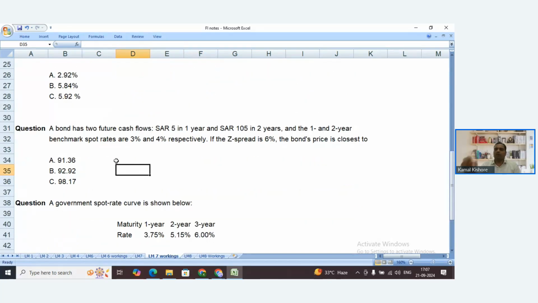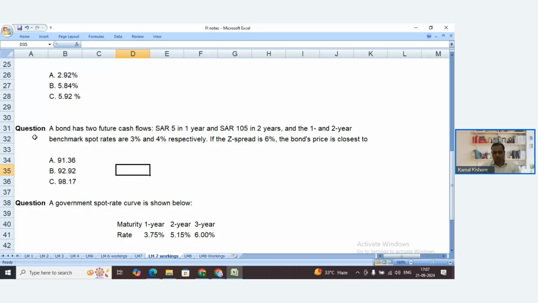Yes. So now what is this Z-spread? We said a constant spread over the government yield. First point. Second point, we said I cannot use one single discount rate to calculate the present value, right? So we need to use multiple discount rates for the appropriate tenor.